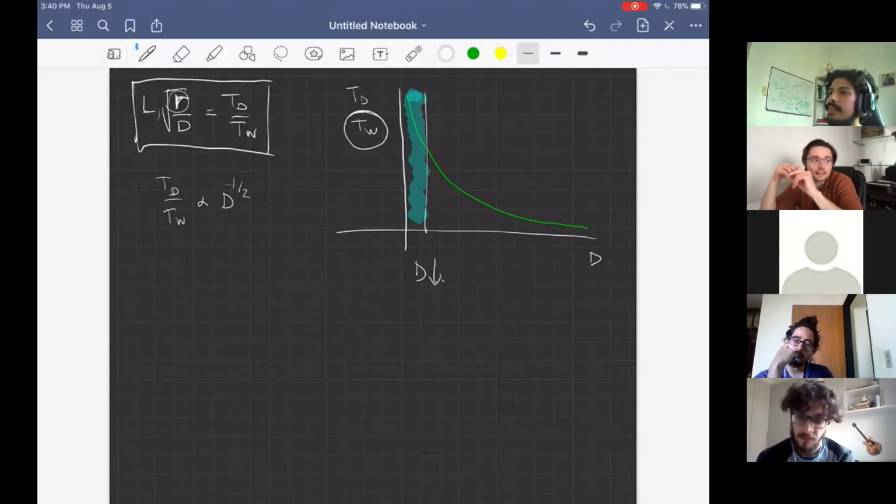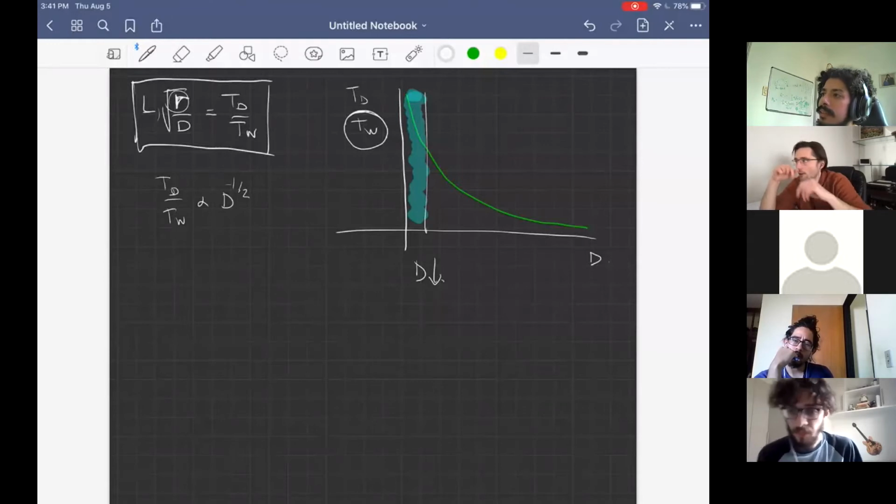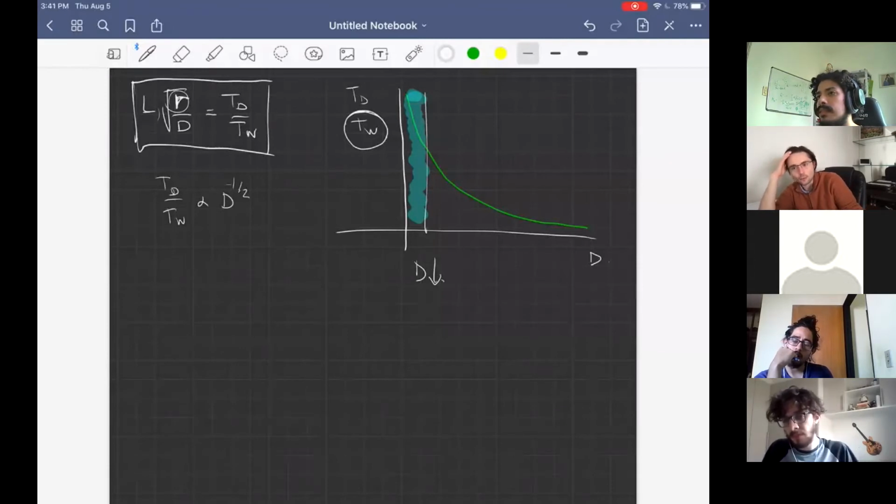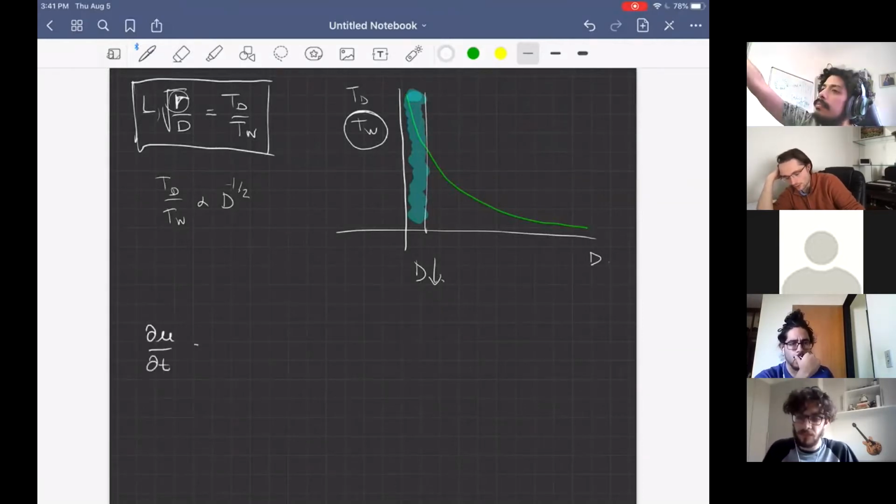Well, of course there are people playing with this model in very, very different ways. We are going to see one of them probably at this time already tomorrow. But people assume things like the ones that you were thinking, like what happens if I write my Fisher-Kolmogorov equation.